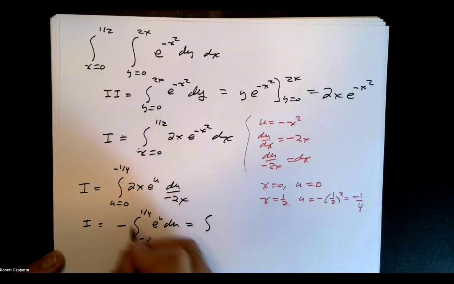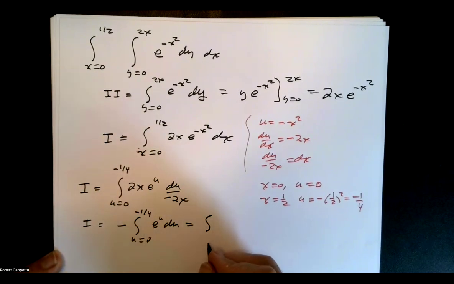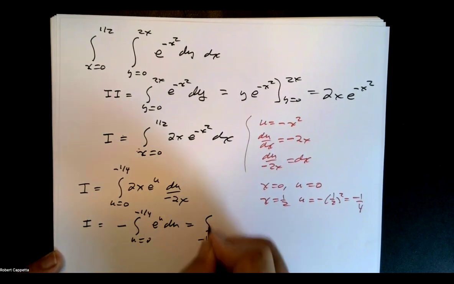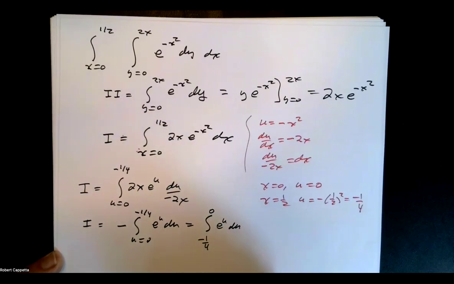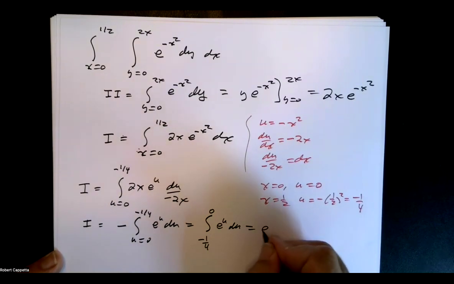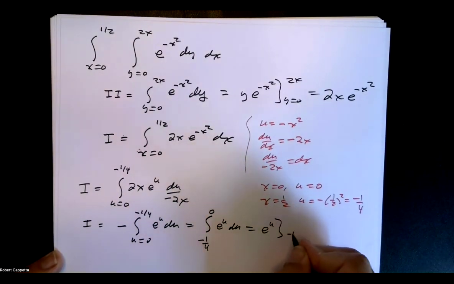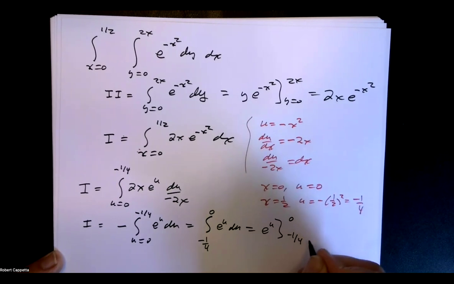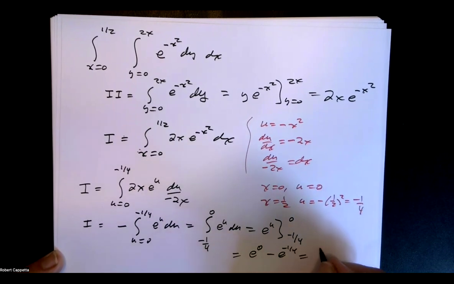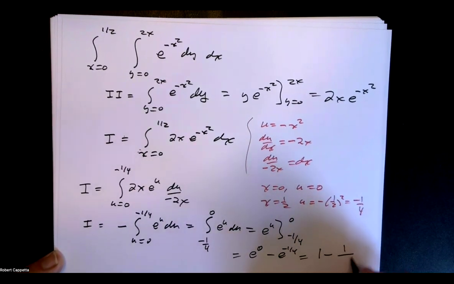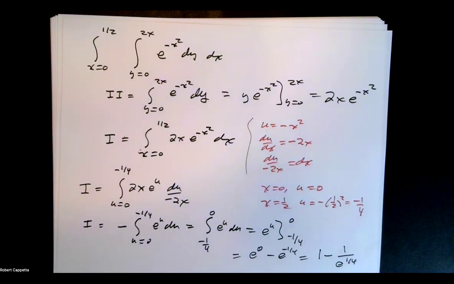That'll be from negative 1/4 to 0 of e to the u du. The antiderivative of e to the u is e to the u, evaluated from negative 1/4 to 0, which is e to the 0 minus e to the negative 1/4, which is 1 minus 1 over e to the 1/4.